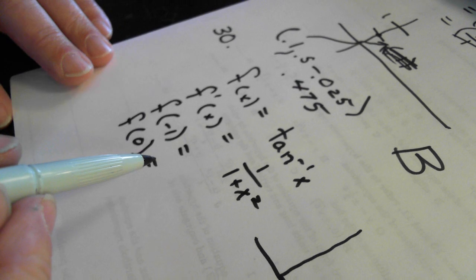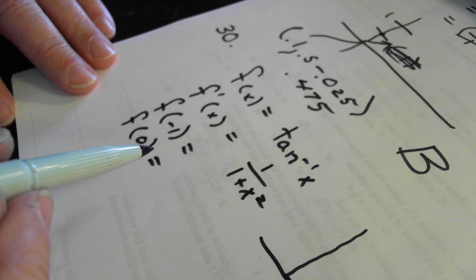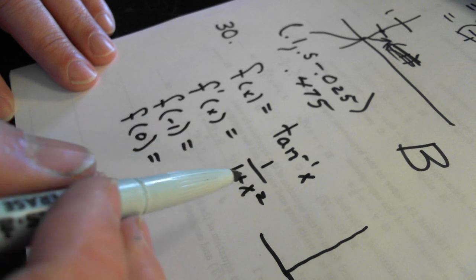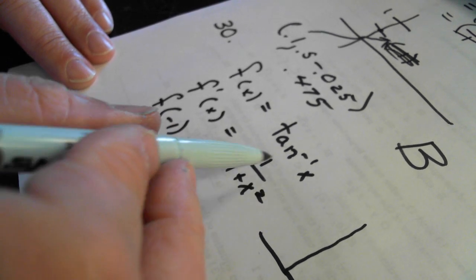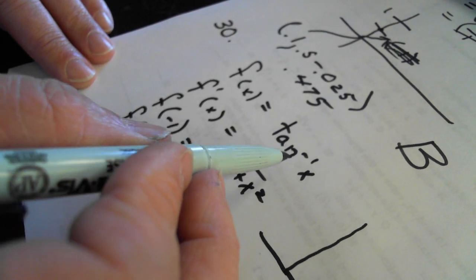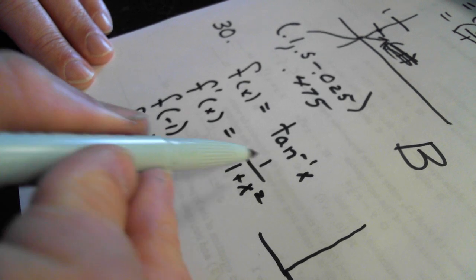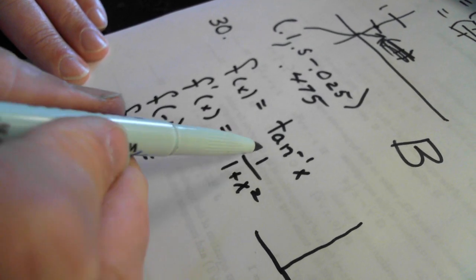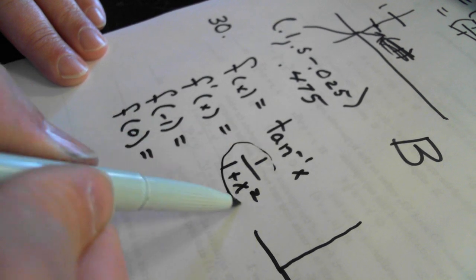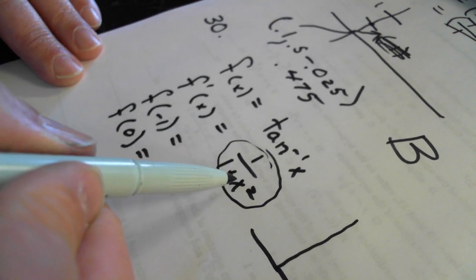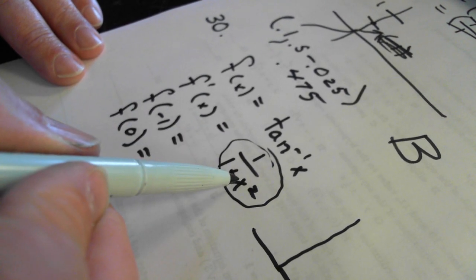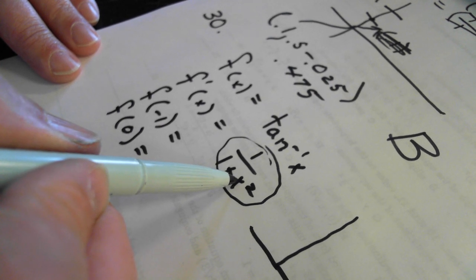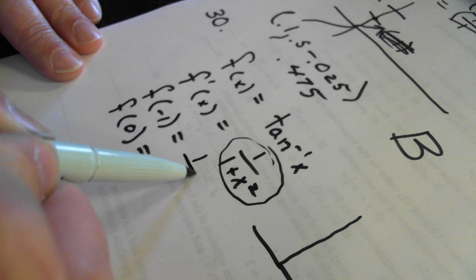If I put a -1 in there, it's going to be a half.